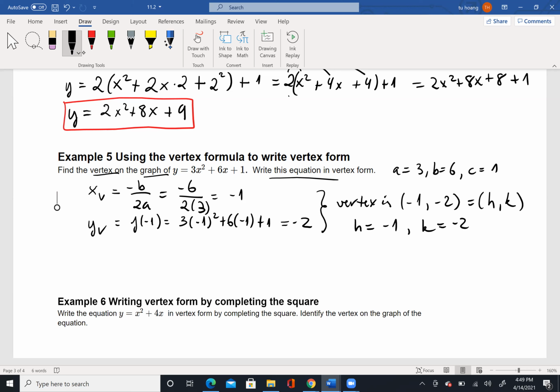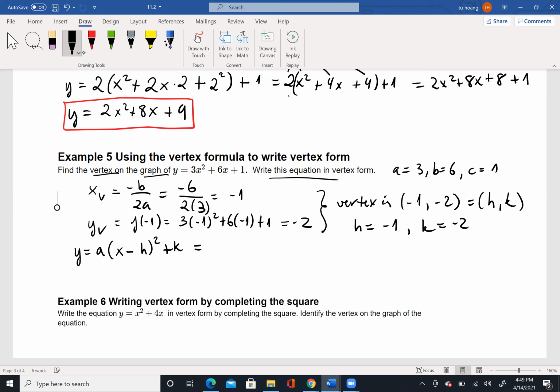And we have the vertex form as y equal to a times (x minus h) squared plus k, right?